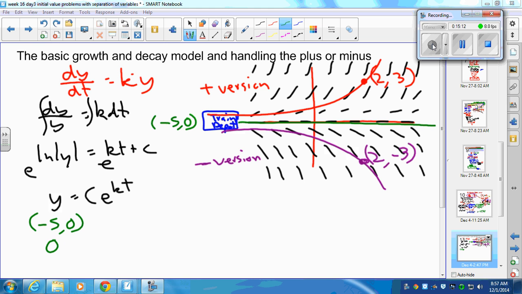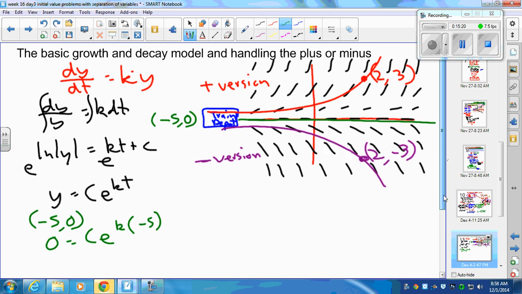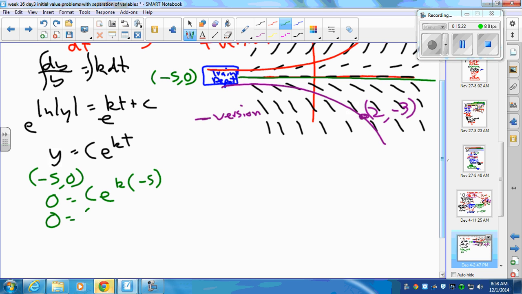I get 0 equals Ce^(k·(-5)), so 0 equals Ce^(-5k). When you solve that, e^(-5k) is never 0, so the only thing that can make it 0 is if c is 0, which makes your path 0.